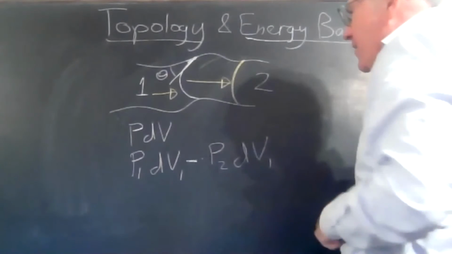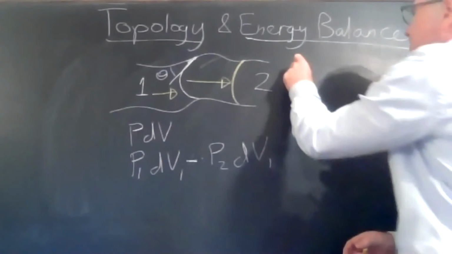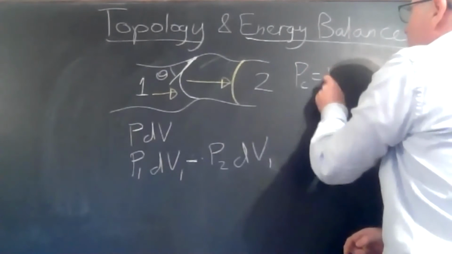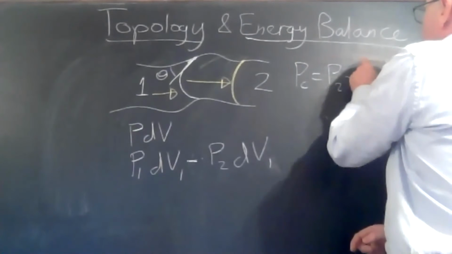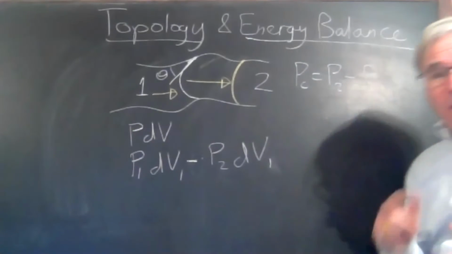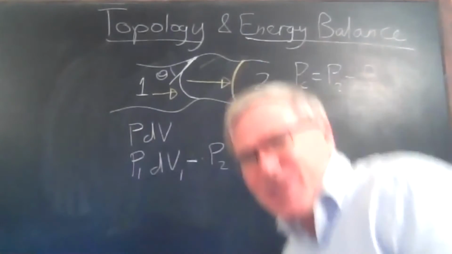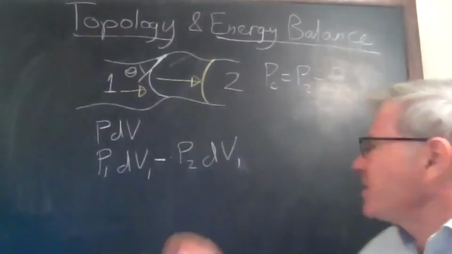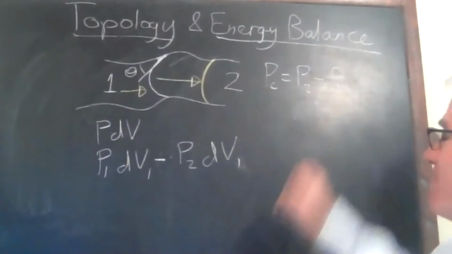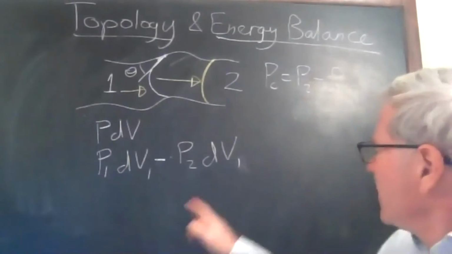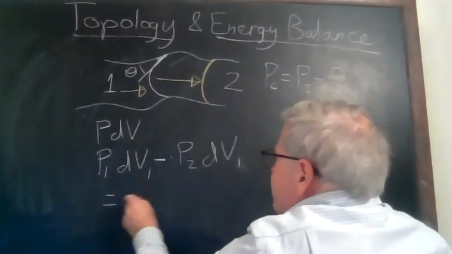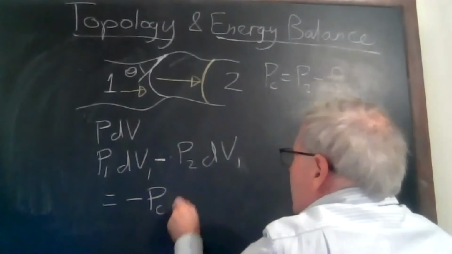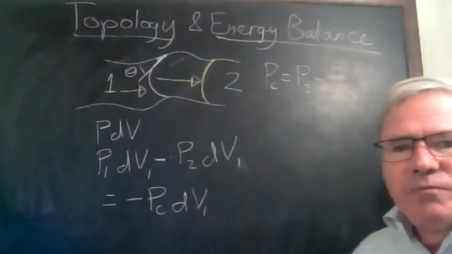I can then define a capillary pressure, which is 2 minus 1, oil minus water, not the other way around, otherwise you're going to get your signs all messed up. So the capillary pressure is P2 minus P1. So if we look at this, this is minus PC dV1.